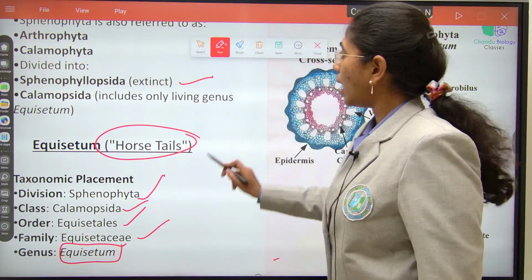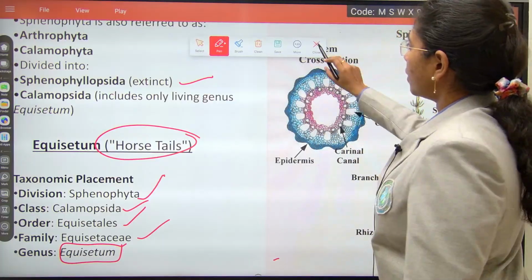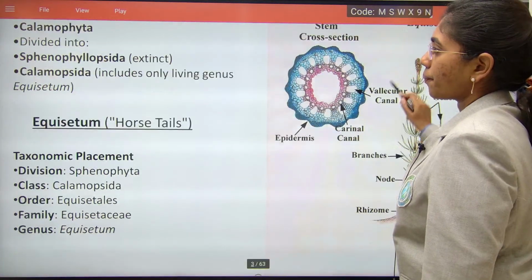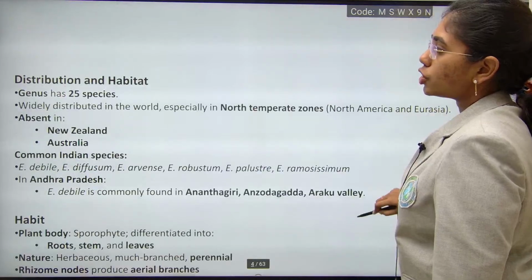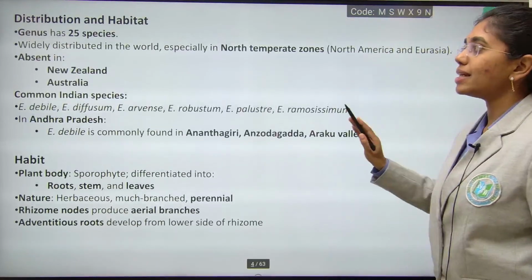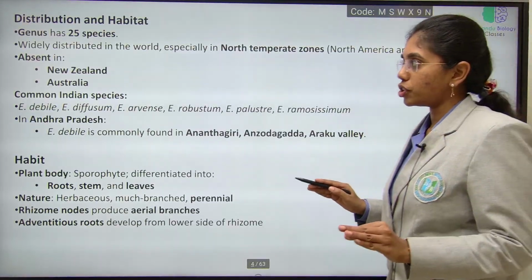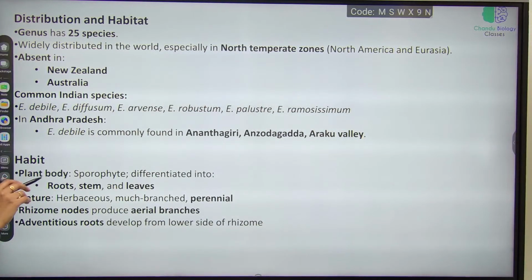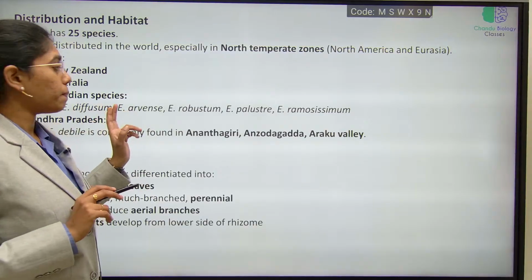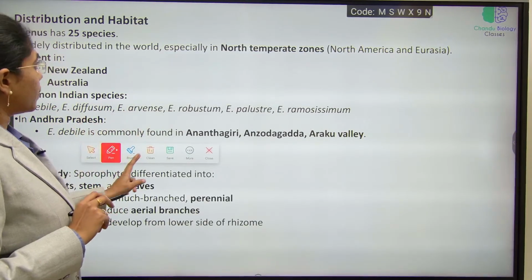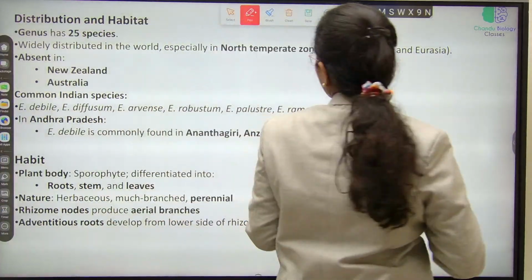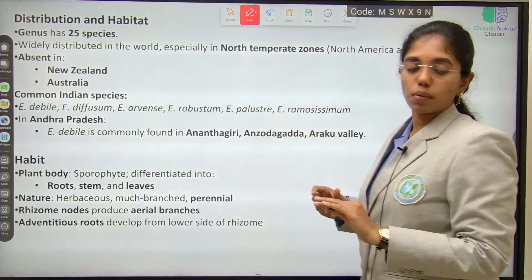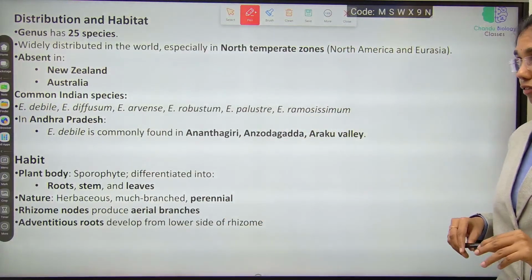Clear, right? And now distribution and habitat. The genus Equisetum has 25 species, and to which class does it belong? Calamopsida. Remember that. Under Sphenophyta it belongs to Calamopsida, and the genus Equisetum will have around 25 species.